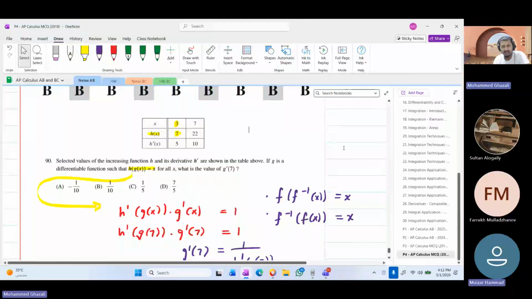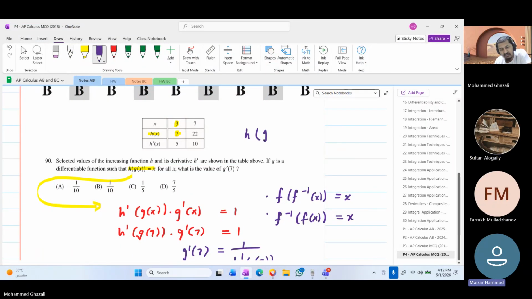So then we need to look at a value of x which will make h of x equal to 7, and from the graph, that is 3. So h of 3 equals 7. If h of 3 equals 7, that means g of 7 equals 3.